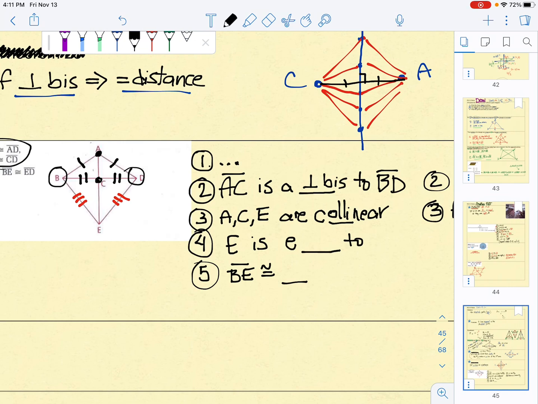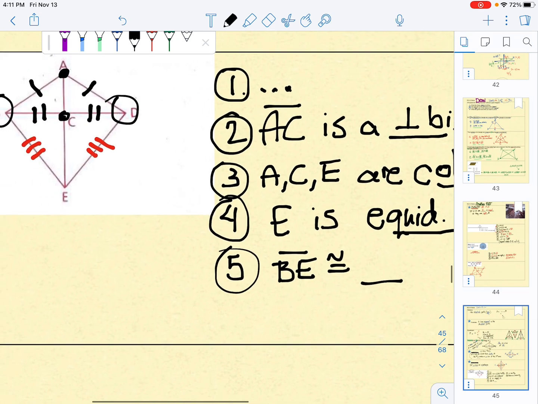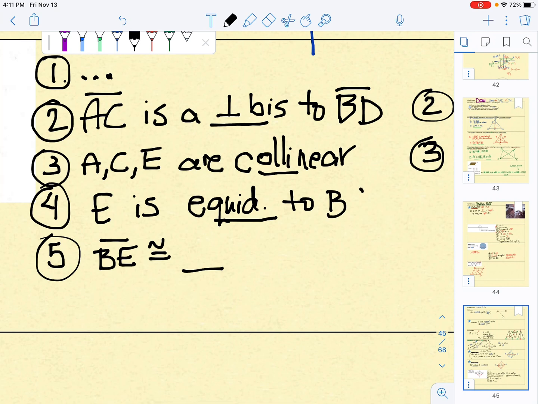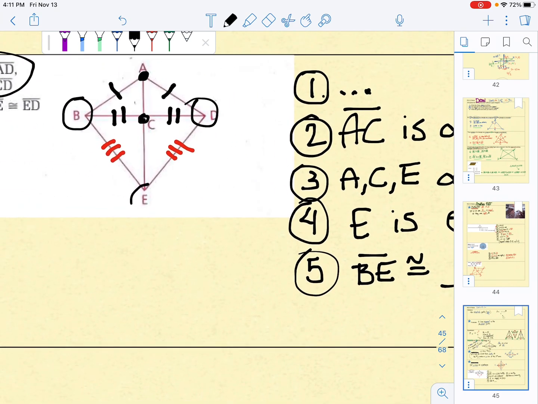E is equidistant to B and D. So E has to be equal distance from there.